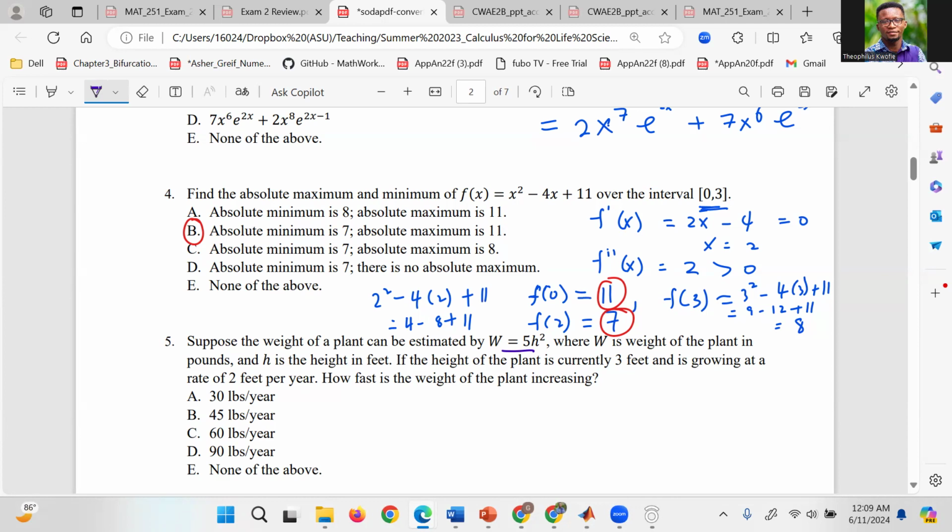It is said that the height of the plant is currently 3 feet and is growing at a rate of 2 feet per year. How fast is the weight of the plant increasing? Okay. So there are certain salient things that we can point out over here.